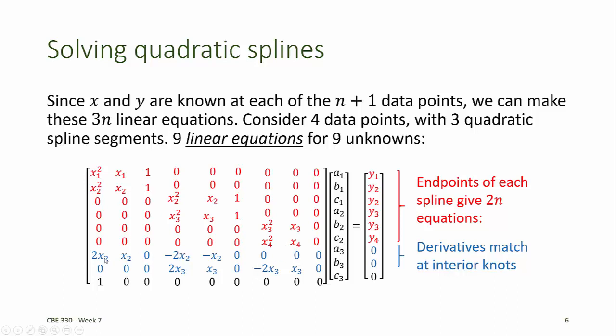That is, the derivative of the first and second spline segments should be equal at x2, and the derivative of the second and third spline segments should be equal at x3. And then the last constraint here is simply that a1 equals 0. That gives us the 9 equations that we need for the 9 unknowns, which are the coefficients of the quadratic equations for the 3 spline segments connecting the 4 data points.